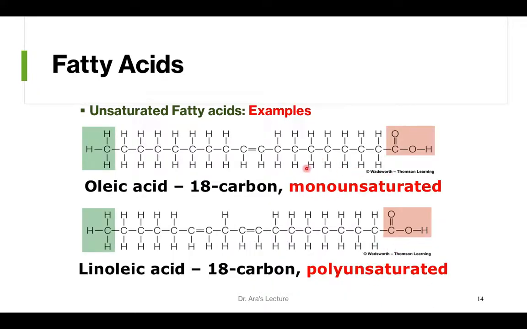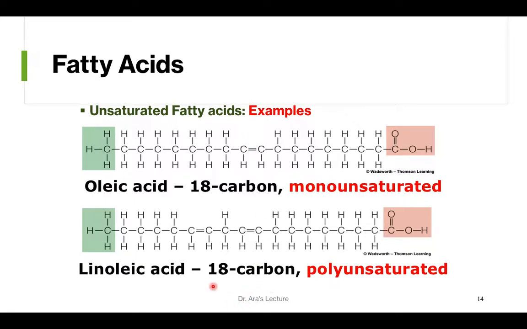Here we can see the example of monounsaturated fatty acid and polyunsaturated fatty acid. Oleic acid has 18 carbons, and we have here the double bond because of the lack of hydrogen atoms on these 2 carbons.